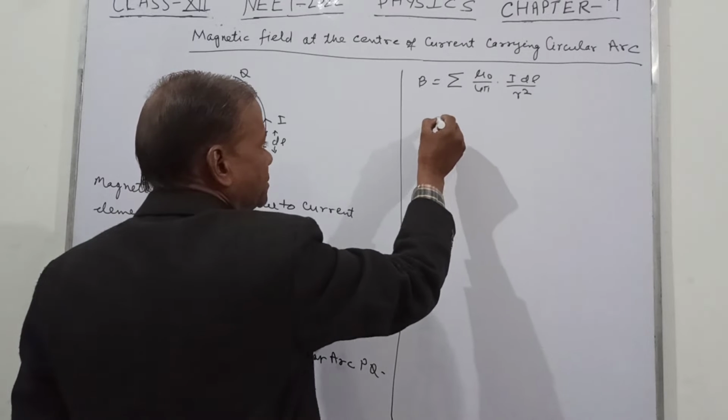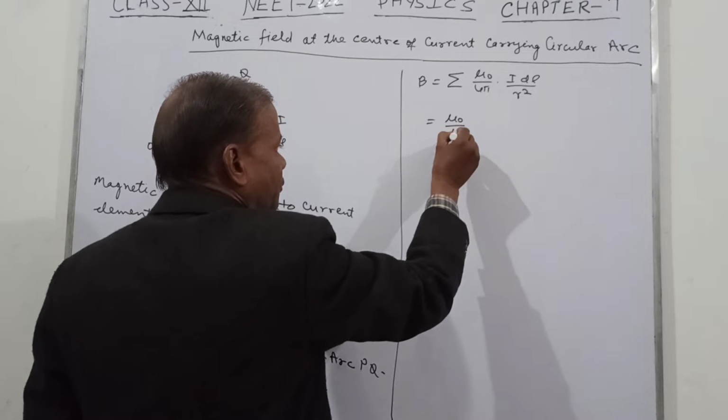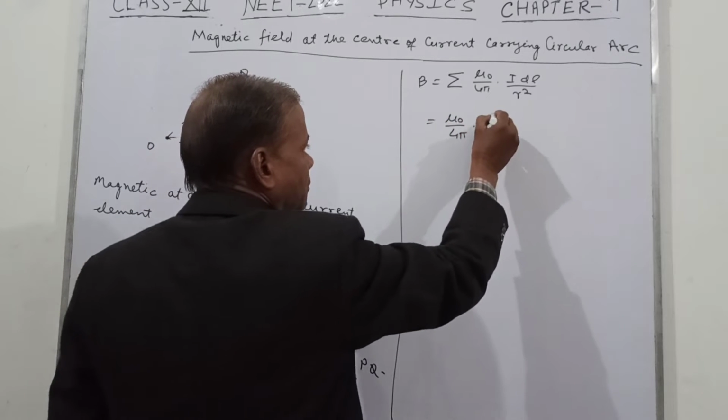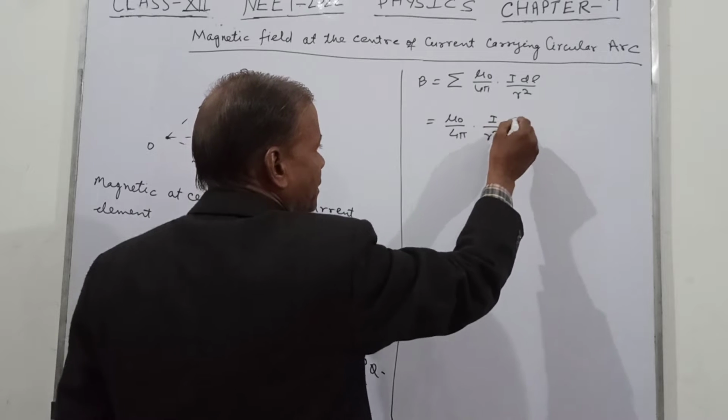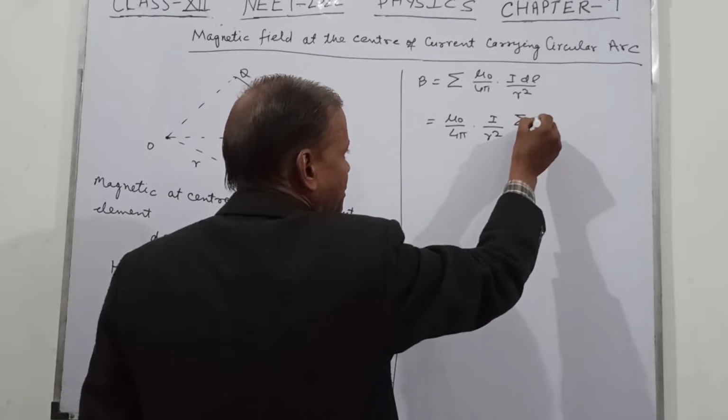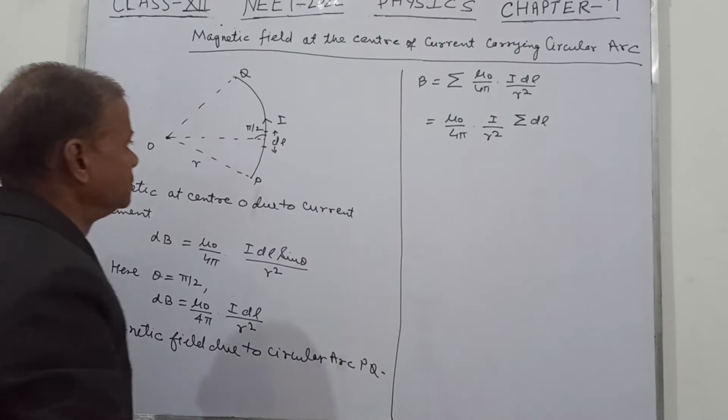So this is mu naught upon 4 pi into I upon r square into summation dl.